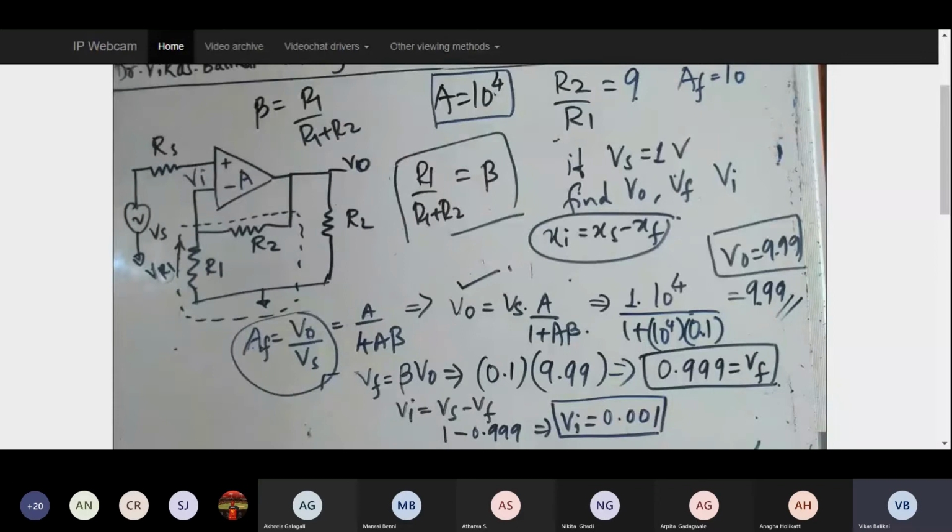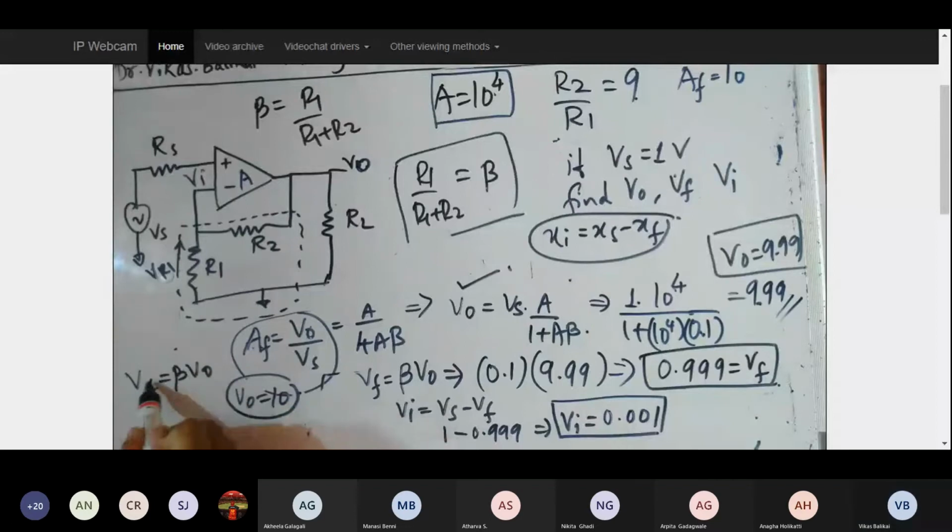Now if I show you this way, AF is equal to V naught upon Vs, V naught I obtained as 10 instead of 9.99. And can I do this way? Here VF is equal to beta times V naught.